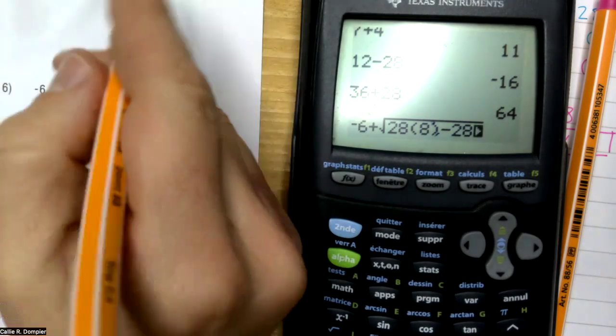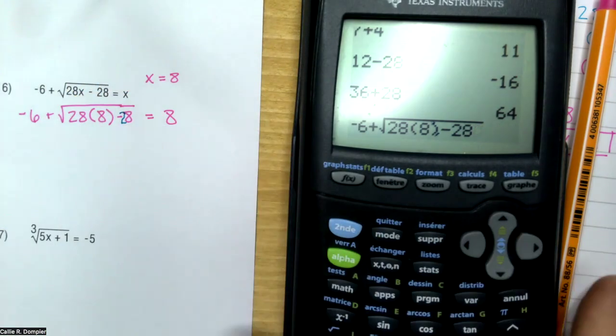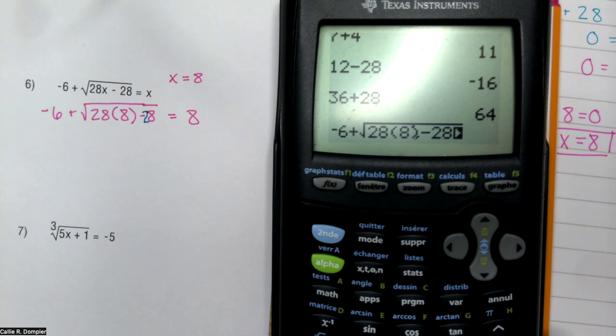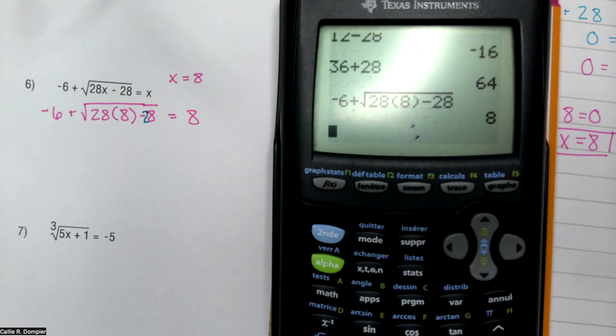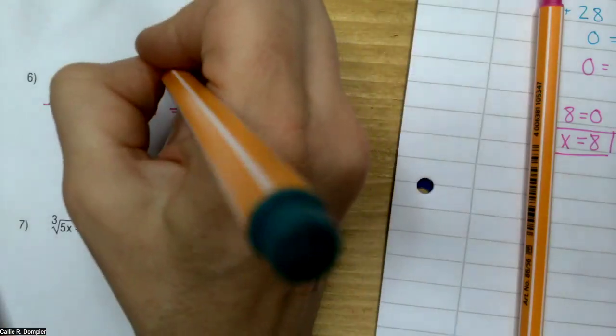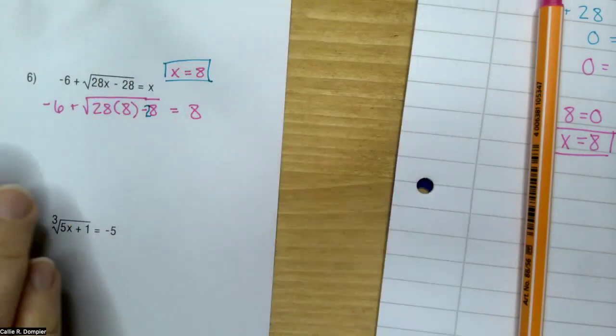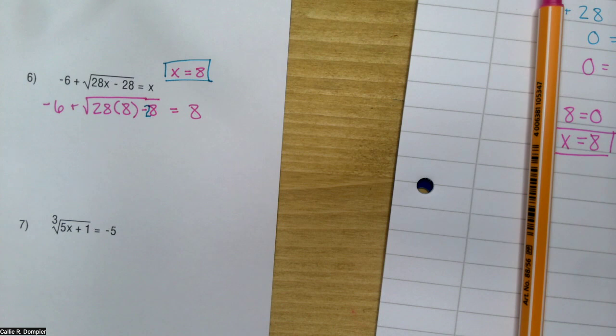I wrote that wrong. Gives me 8. So that is true. So we can say that the answer is x equals 8 for number 6.